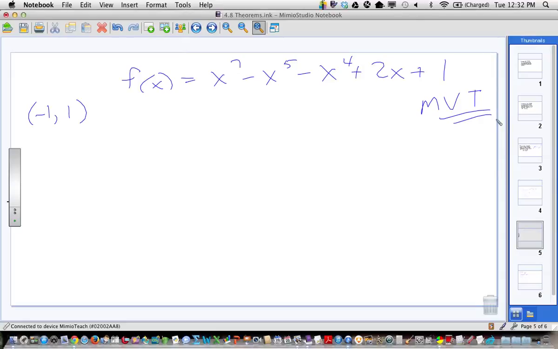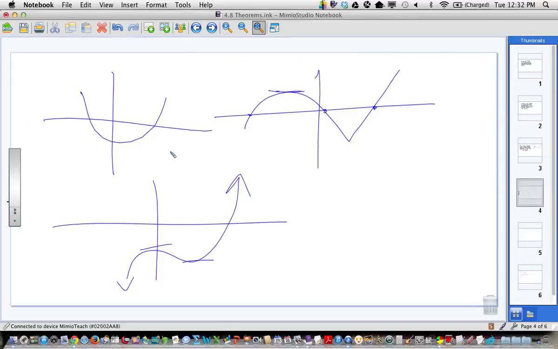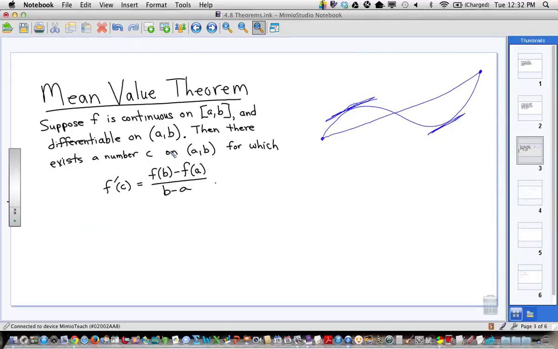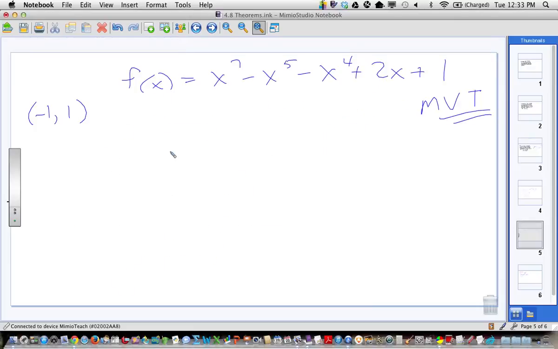I've got to calculate the slope between the endpoints, because what the mean value theorem says is that there will be some point in between that has the same slope as the slope between the endpoints. The only thing that would tell me there has to be a point with a slope of 2 is if the slope between the endpoints is 2. So I've got to show that the slope between the endpoints is 2.